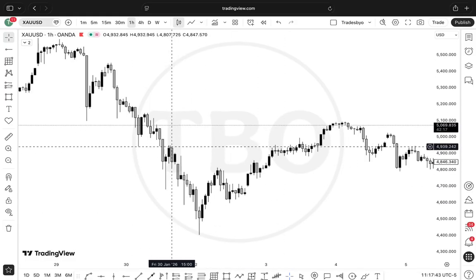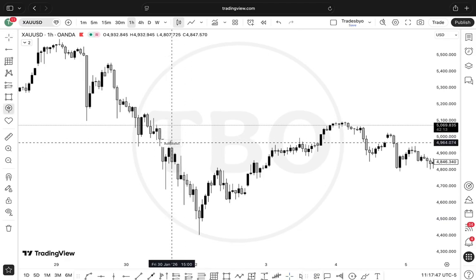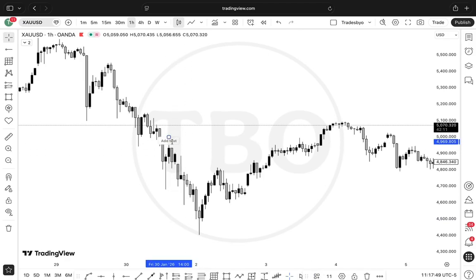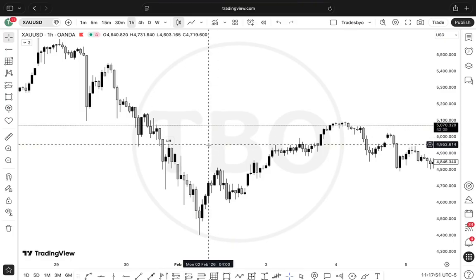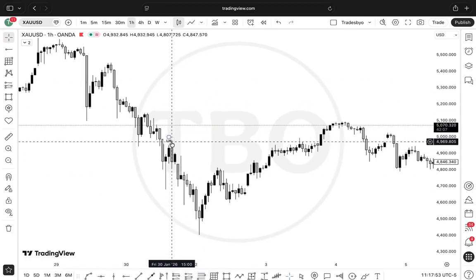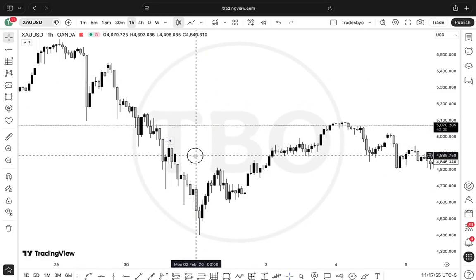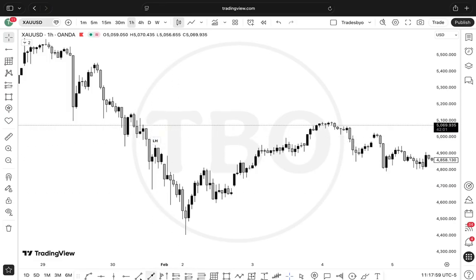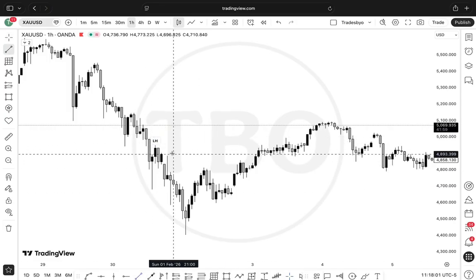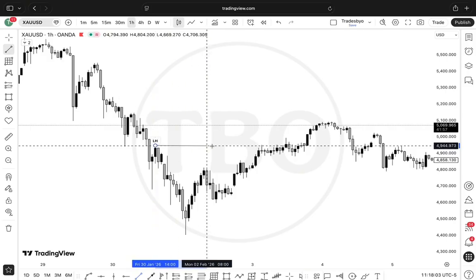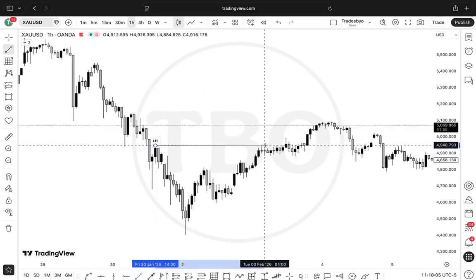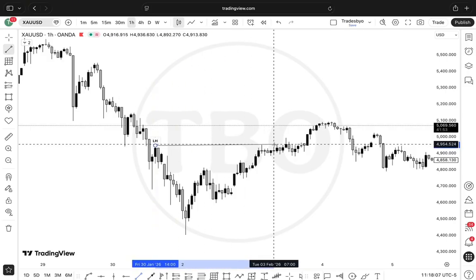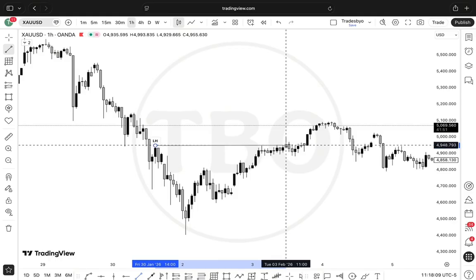This right here would be the last lower high in this downtrend. After I figure out the last lower high, I'm going to mark off that high and drag it to the right. So there we have it.